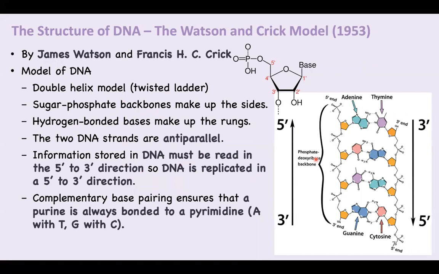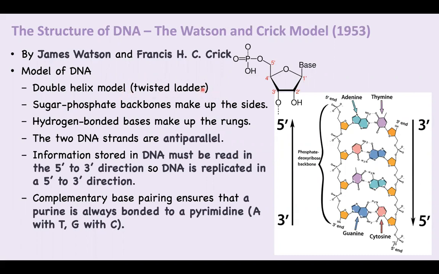This model was introduced by James Watson and Francis Crick. We will always hear about the Watson and Crick model of DNA structure. So what actually is the model of DNA? They came up with the model which stated that it is a double helix model in the shape similar to a twisted ladder.